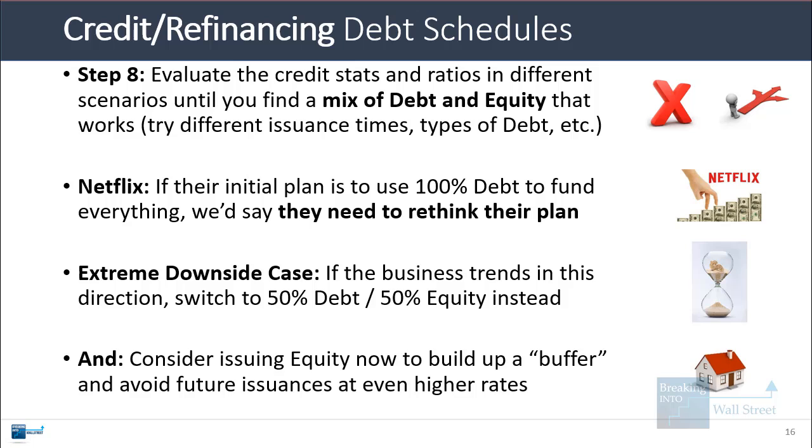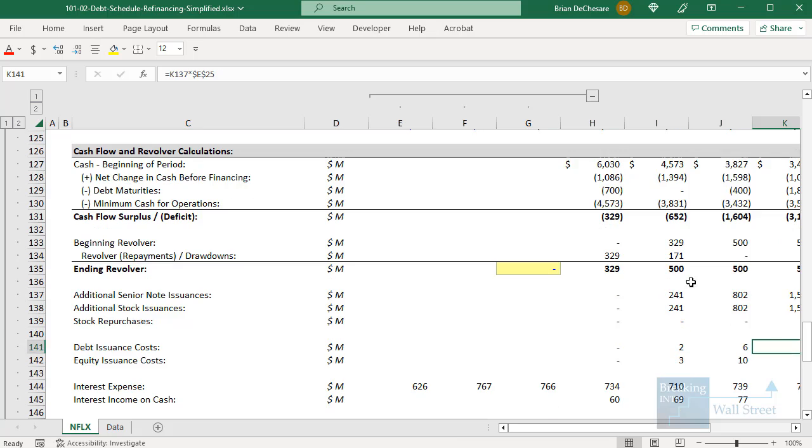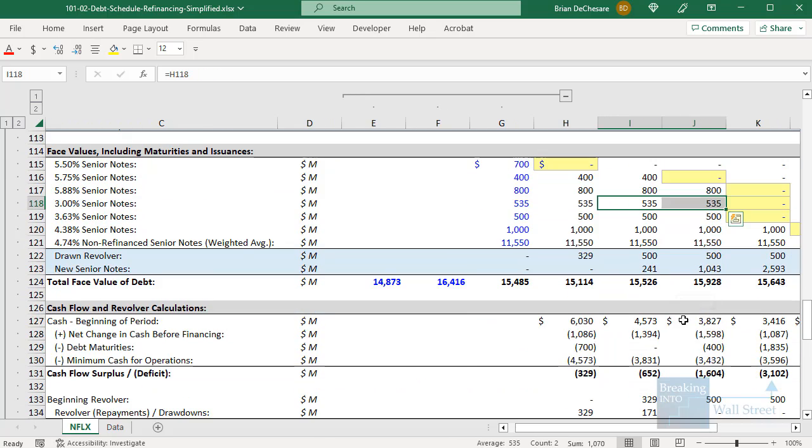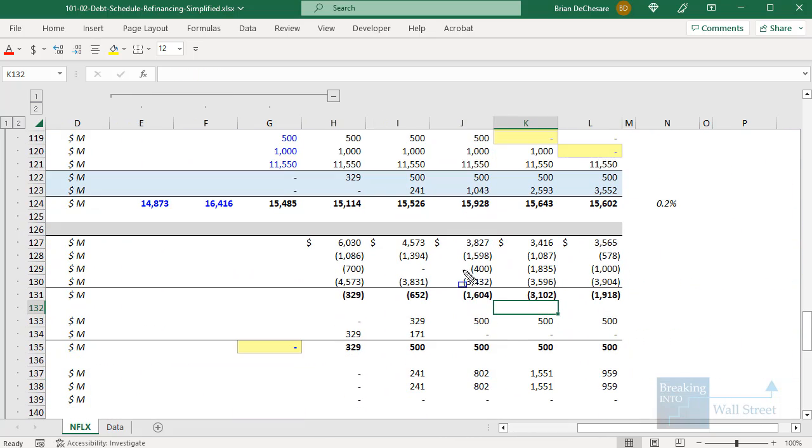numbers there. We might also tell the company that rather than doing this, maybe they should just issue equity now to build up a buffer to avoid future issuances at higher rates. Because if they know their maturity profile, if they know, for example, that they're going to have maturities of around $3 billion or so in the last 2 or 3 years of these projections, interest rates are probably going to be higher then, or if not higher, about the same.